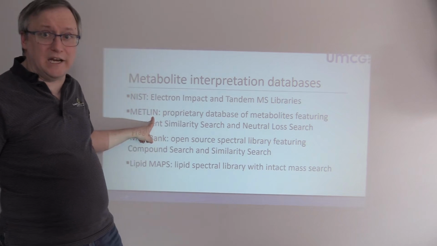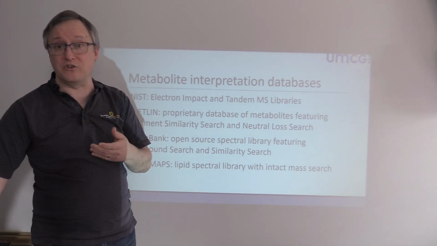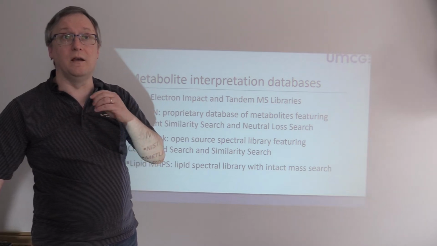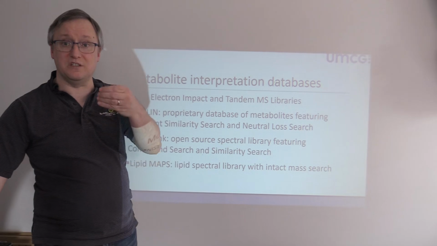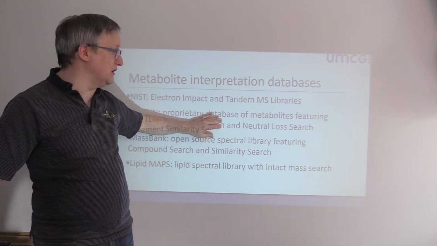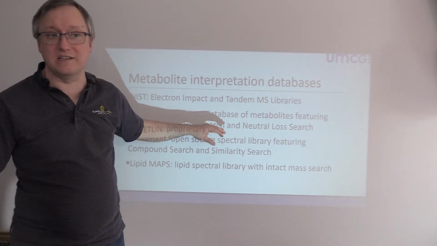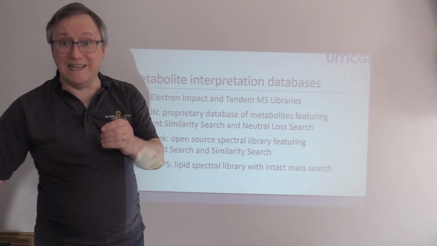METLIN is an academic database, but it was generated in connection with a whole bunch of chemical manufacturers. So the condition under which these metabolite standards were made available to the lab that produced METLIN, Gary Siuzdak's lab, specified that the data could not be made available freely.